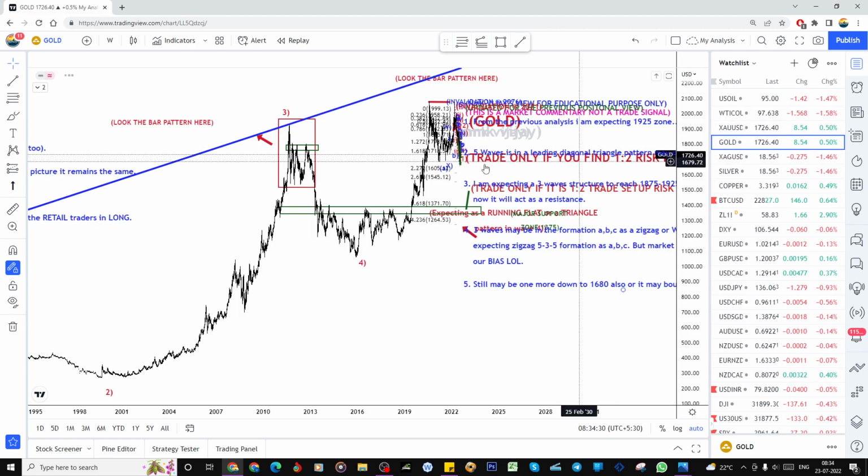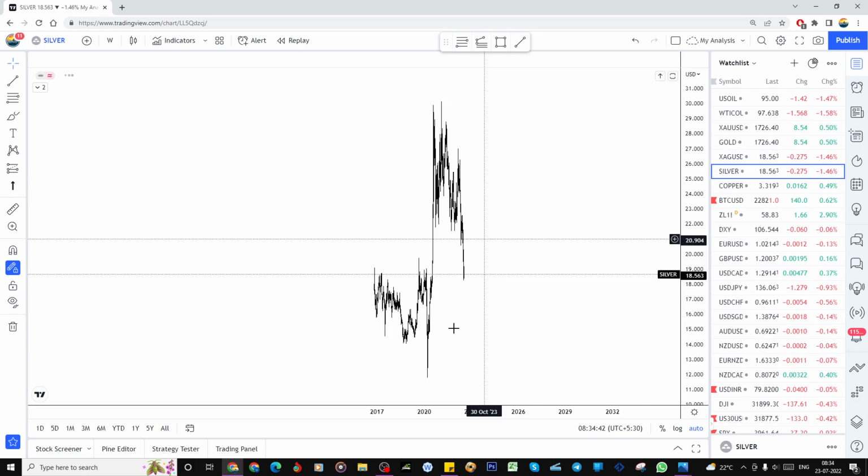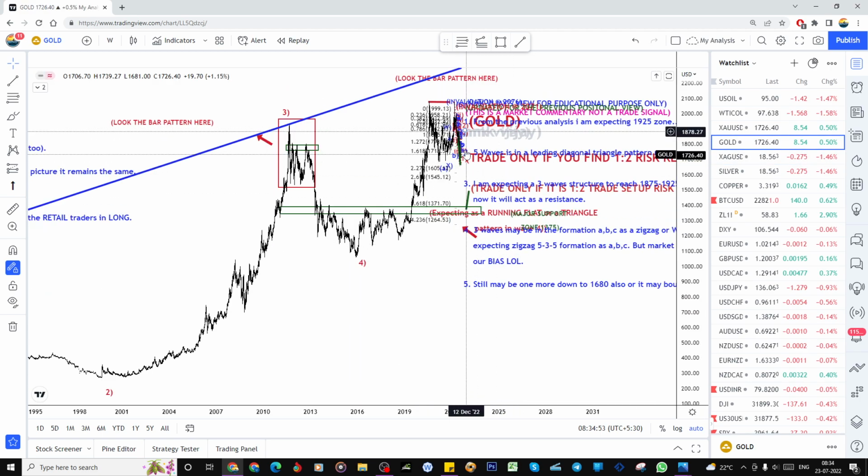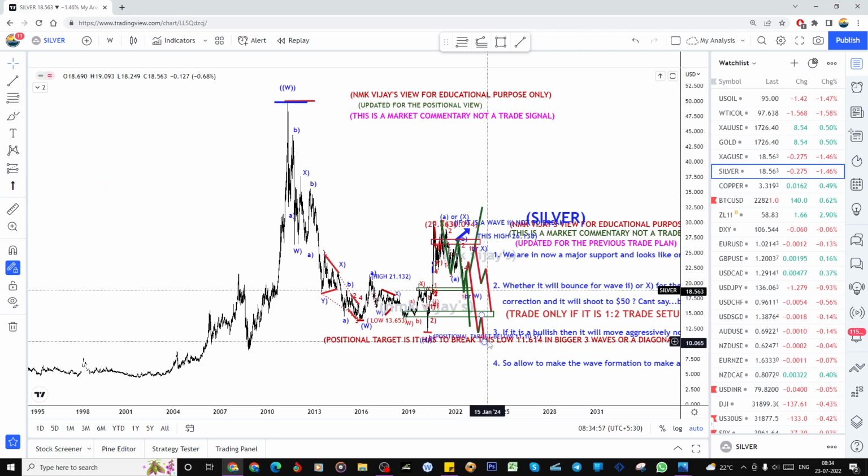And here it's a 20 right here. Look at this, gold didn't reach the previous low, but silver reached the previous low. It broke the previous low. So it is a very aggressive silver. So once gold comes to my target of 1400, silver can reach this target also.